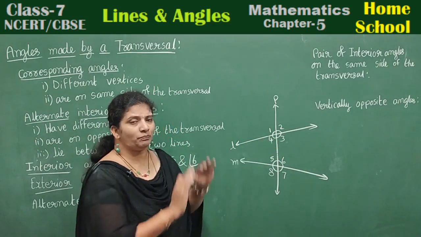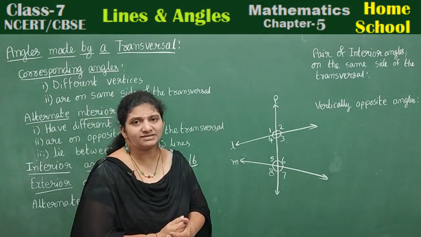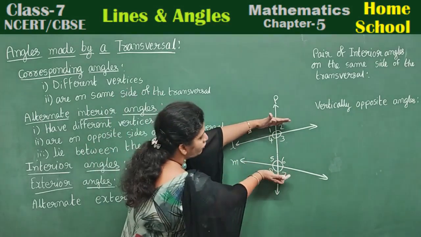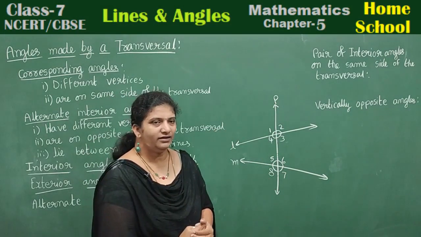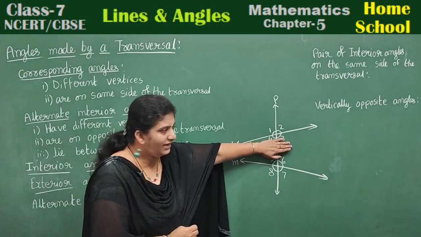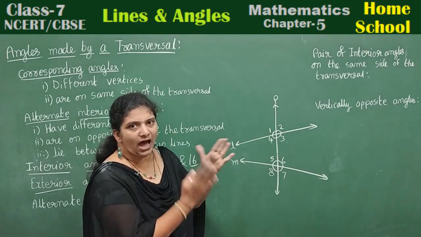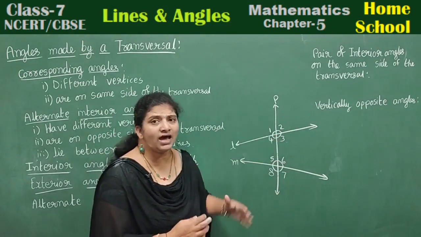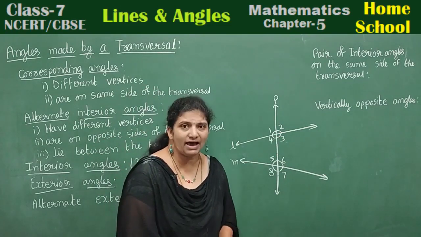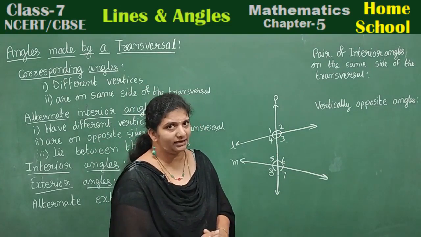Then coming to outside, what do we call these 4 angles, children? They are outside the lines, right? These 4 are inside and these 4 are outside. Inside, we call interior. If they are outside, we call them exterior angles.